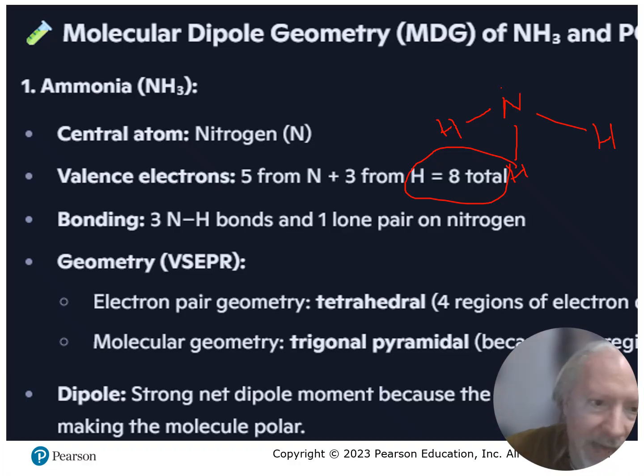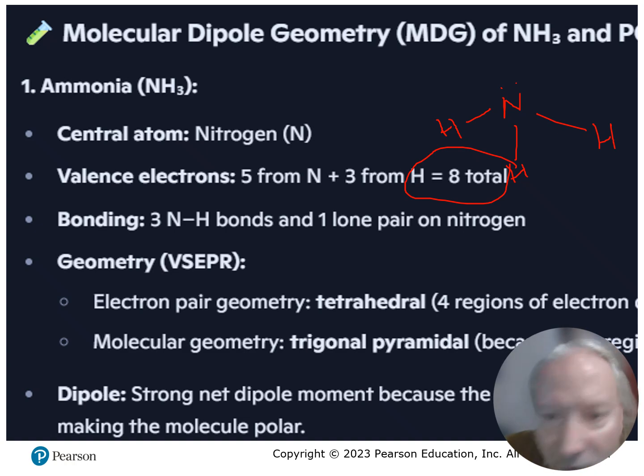Right now, I haven't put any lone pairs here. But we have 6 electrons with hydrogen and nitrogen. 3 of those hydrogens connecting to nitrogen, that's 6. We have a total of 8. We need to place 2 more, so we place 2 electrons here. And now we have all 8 electrons, and we, again, will have the same geometry.